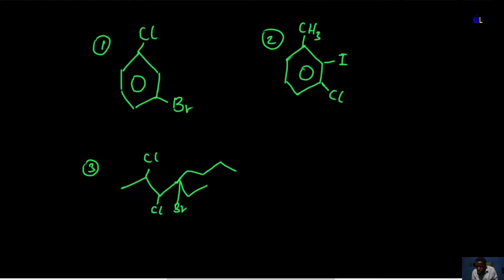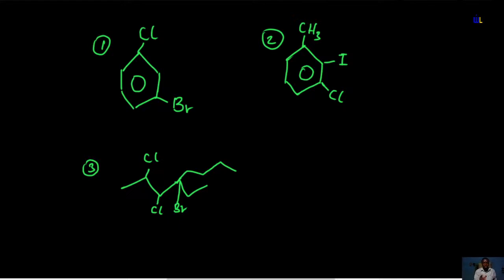Number 2 is 1-chloro-iodotoluene. Another said it is 3-bromo-1-chlorobenzene. Okay, good. I like the fact that there's a little bit of discrepancy here so that I will be able to clarify this. To clarify this is very simple.